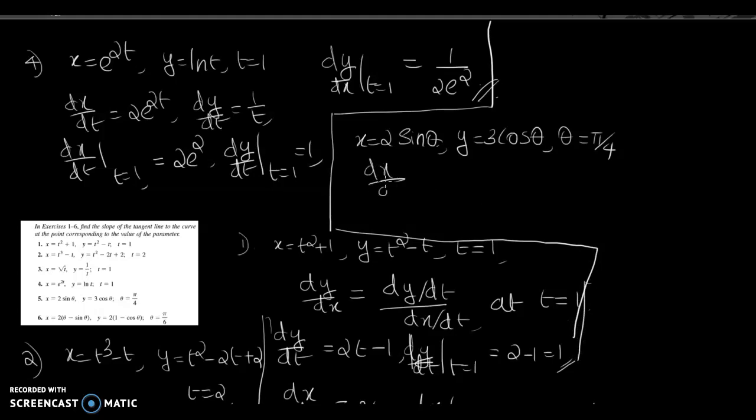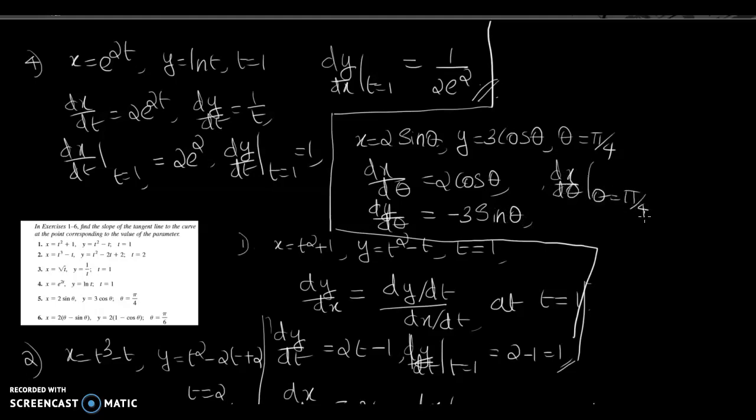Dx by d theta equals 2 cos theta, and dy by d theta equals minus 3 sine theta. Then dx by d theta at theta equal to pi by 4 equals 2 cos pi by 4.